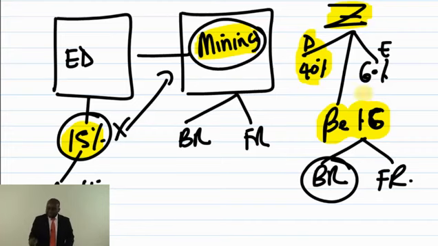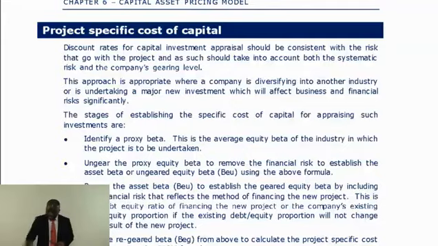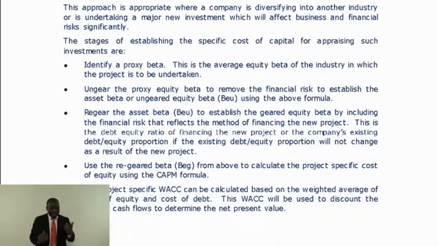So I can pick Z beta of 1.6, and because it is geared, I would have to remove the financial risk. The process of you removing the financial risk is what is called ungearing. I'm explaining the stages they've given to you here. So first, go to the industry in which the project is supposed to be undertaken in order for you to pick a beta.